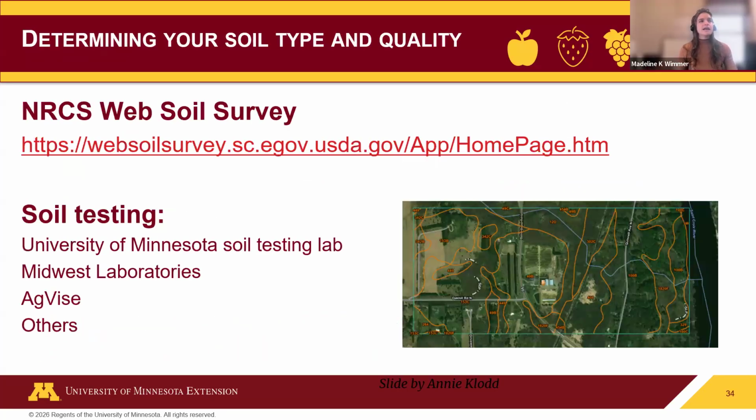The NRCS Web Soil Survey is also a really nice tool. It's not necessarily going to get into the nitty-gritty like a soil test would, but it can help you understand a little bit about your soil type.